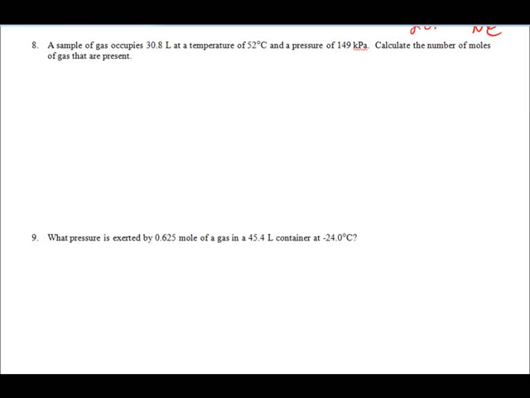Okay, so we are on number 8. It says we have a sample of a gas, 30.8 liters, 52 degrees C, 149 kPa, calculate the number of moles. This looks pretty straightforward. I'm going to use the formula that we just finished using, n equals PV over RT. My pressure is 149 kPa. My volume is 30.8 liters.